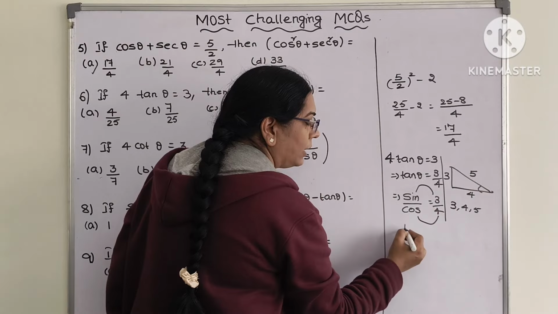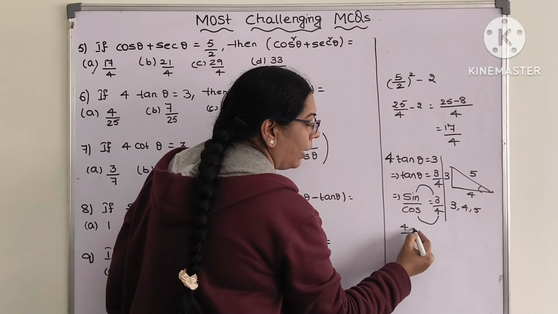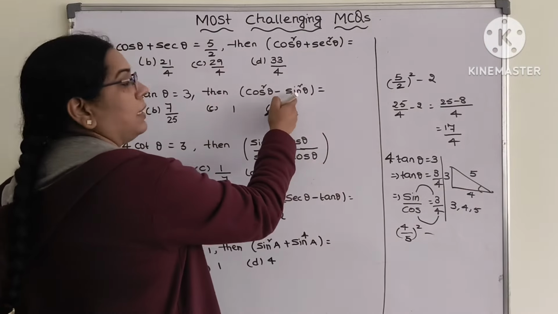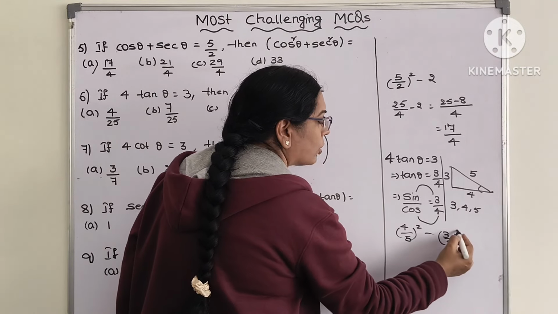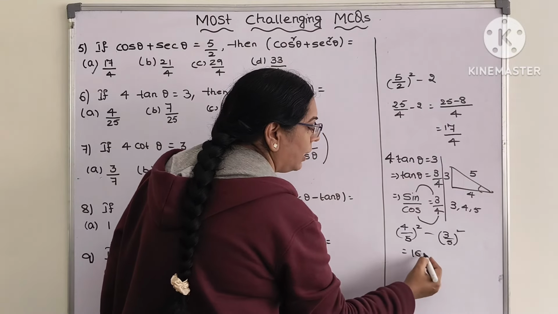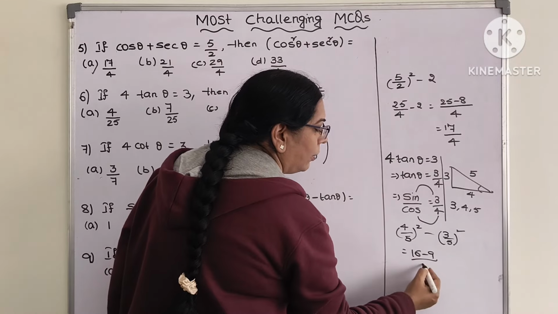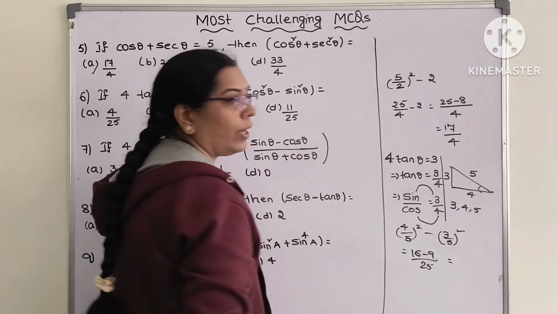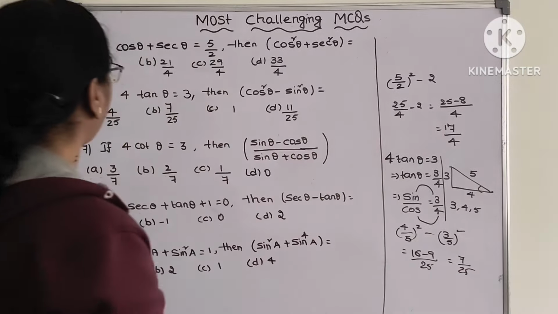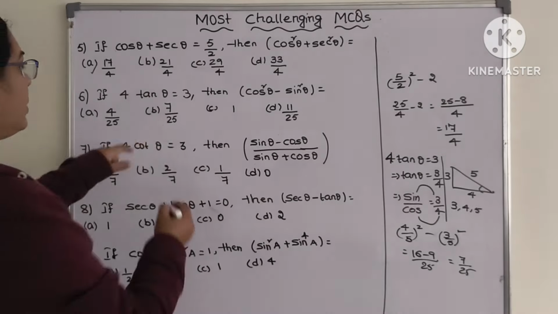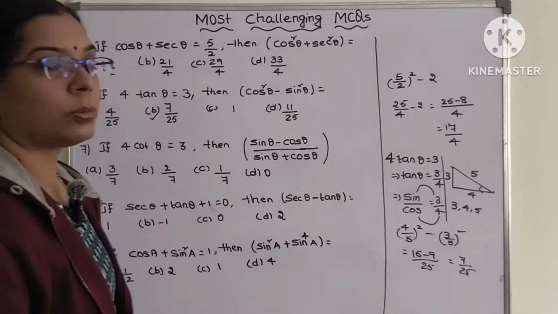Cos will be adjacent by hypotenuse, squared. Sin square will be 3 by 5 whole square. So this will be 16 minus 9 upon 25. So how much will this be? 7 by 25. Where is 7 by 25? Option B, 7 by 25 is the correct option.